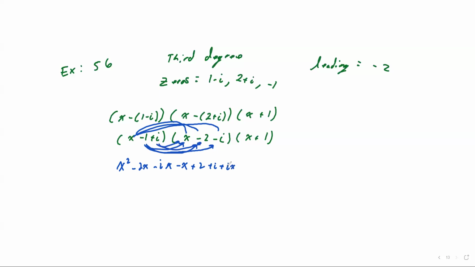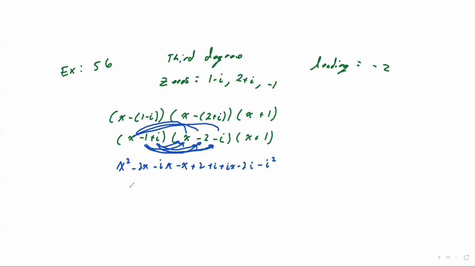I times -2, negative 2i. I times negative i would be negative i squared. All right. So it can definitely get confusing. So make sure you follow along with however you do the work. But a 3 term times a 3 term, I better have 9 terms. So 1, 2, 3, 4, 5, 6, 7, 8, 9. I do, so that tells me I didn't miss anything.